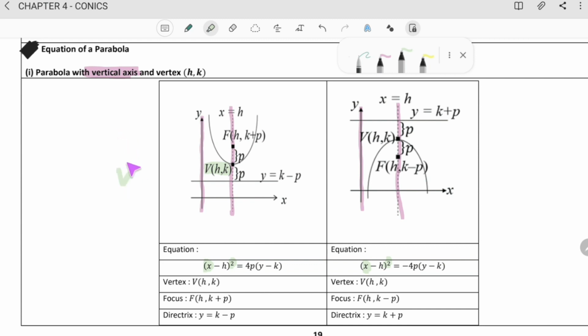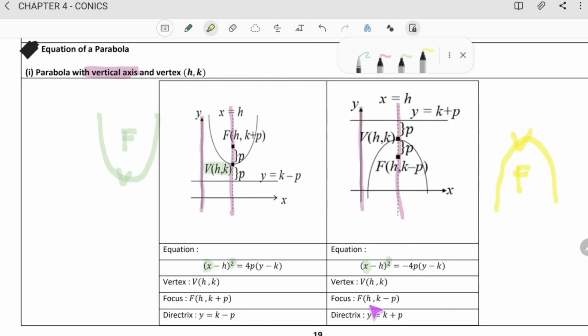Let's say we have V here, and the coordinate of F is above V. Then we have this shape. If we have V here and the focus is below the vertex, it will open downwards.